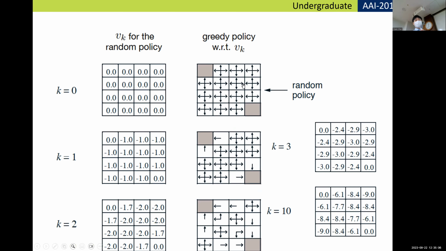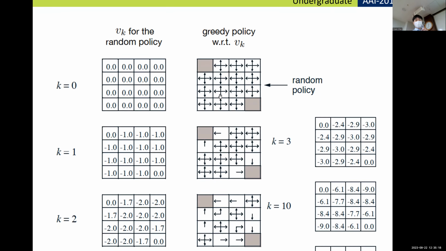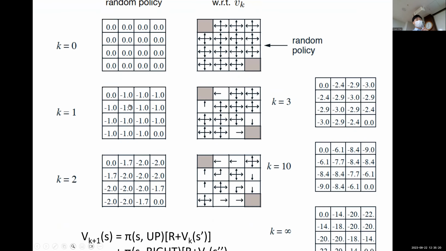The policy is also random, because initially the policy is just equal probability, so at any state you can move left, right, up, and down. After k equals 1, we update the state value for each state. The terminal state is always 0, based on the setting.